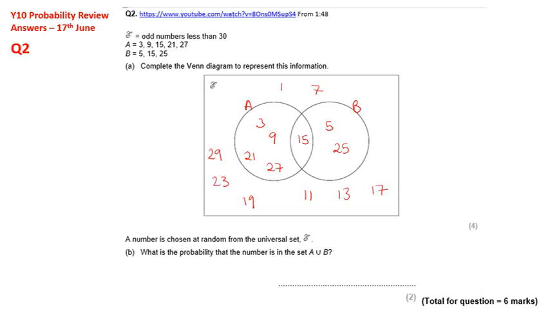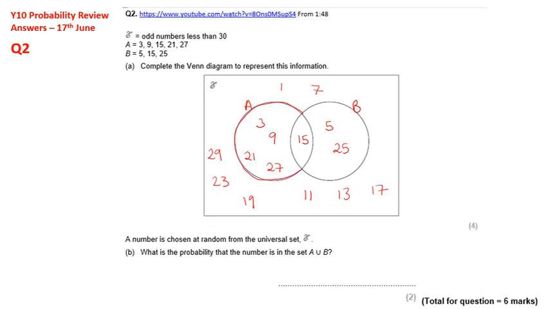Okay. A number is chosen at random from the universal set, and we want the probability that the number is in the set A union B. So let's have a look at how many numbers are in the set A union B, which is all of these numbers that we can see here in both sets. So we count out what we can see inside A union B. You can just put a circle around that.